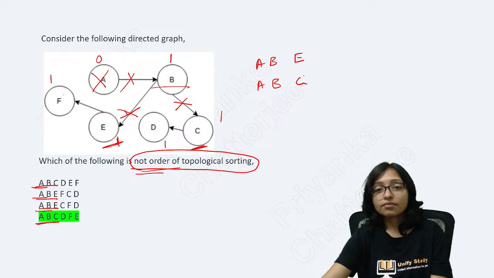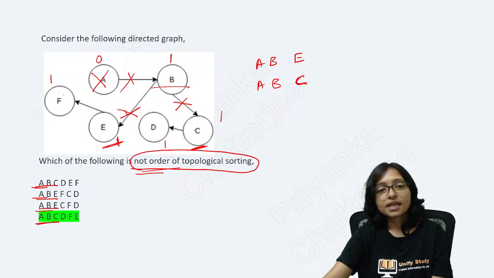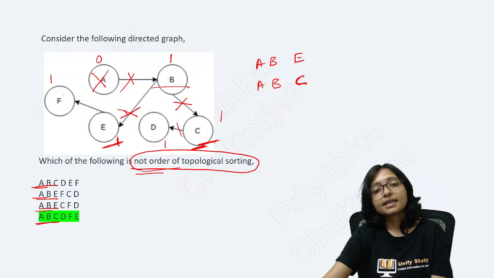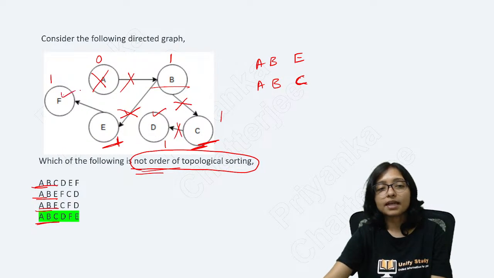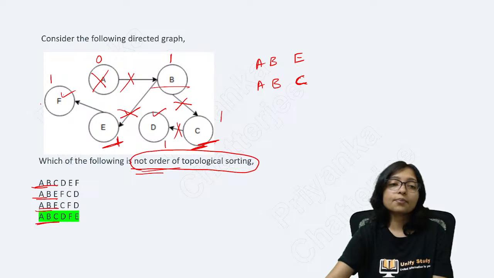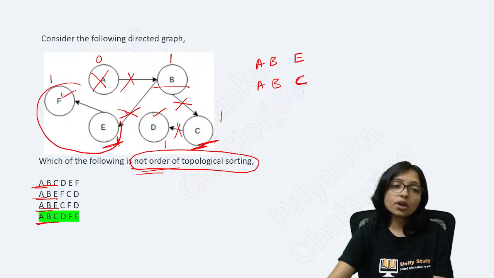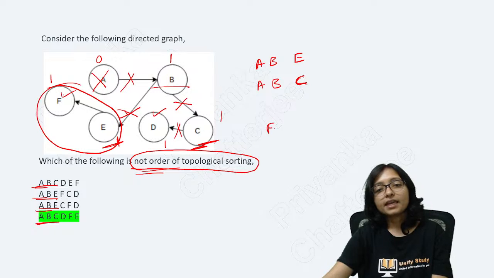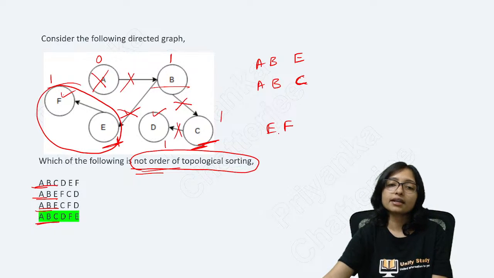But whenever I take C, after taking C, D is also possible, F is also possible. But the problem is that E will come before F, and only then can F come.